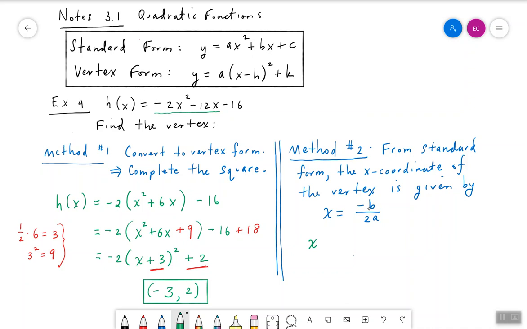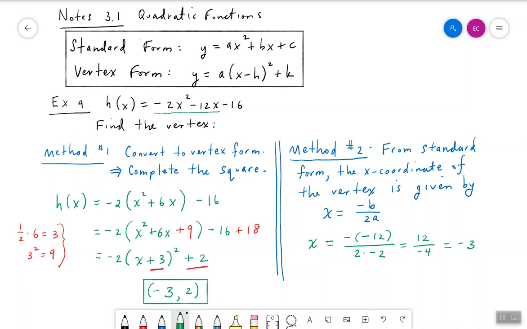The b value is negative 12, so we have negative 12 divided by 2 times the value of a, that's the coefficient on x squared, that's negative 2. 2 times negative 2, so you have 12 divided by negative 4, which is negative 3, just like we expected.